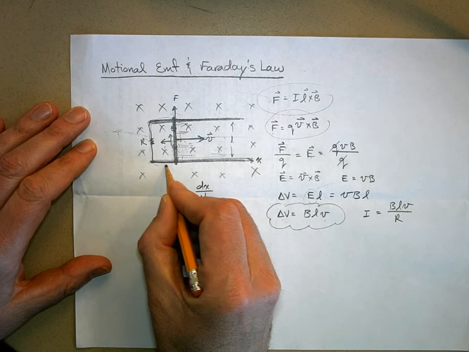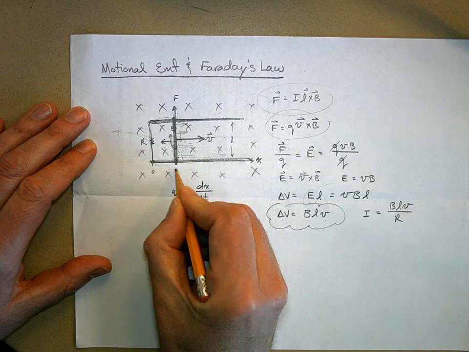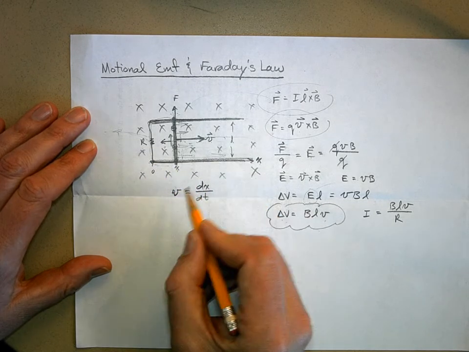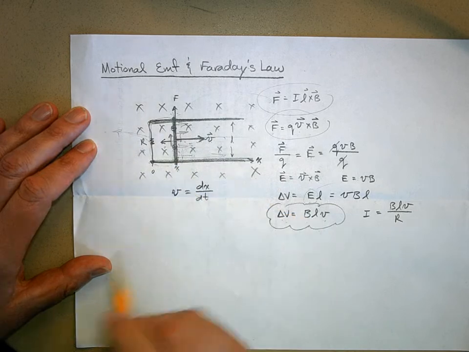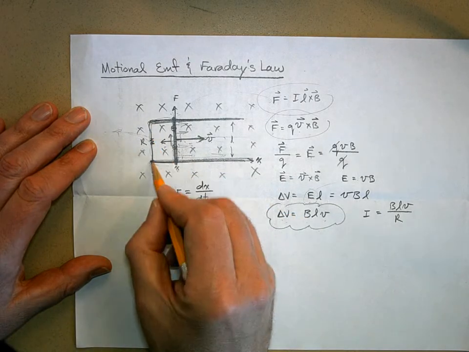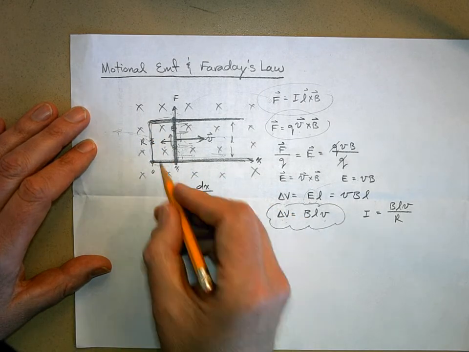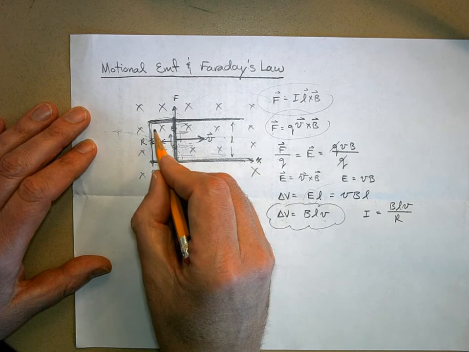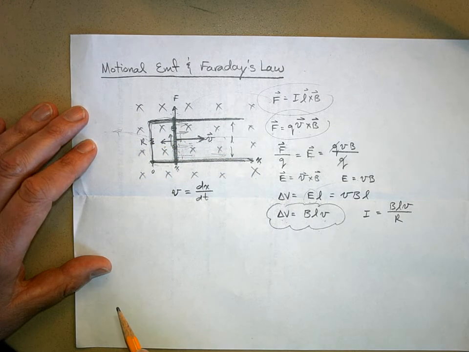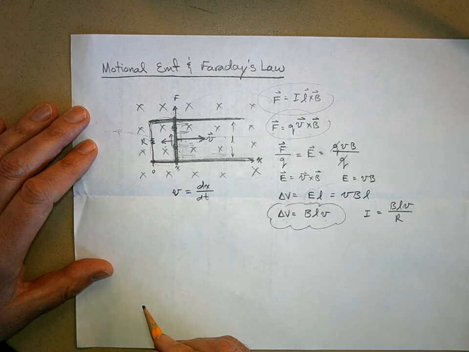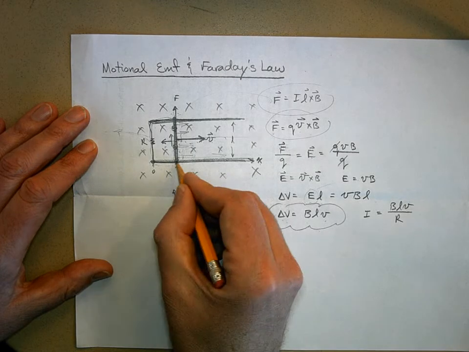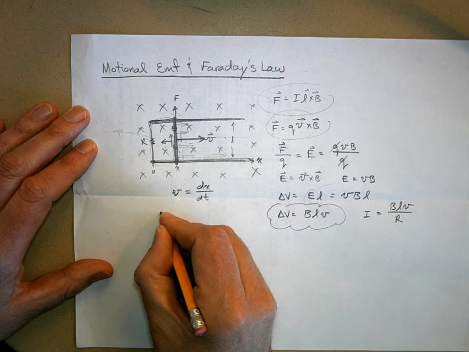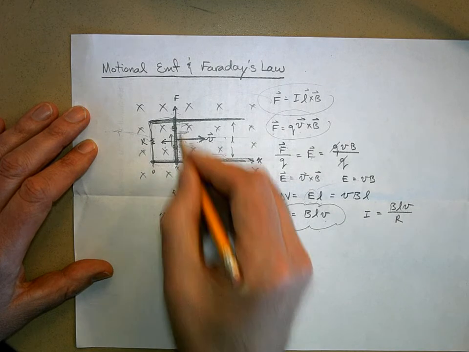So I'm going to say this is my origin. So this is at some position x. Now we do have x's. Notice that we have an area here, don't we? And we have a magnetic field through that area. Well, what is that area? The area here is x times L.